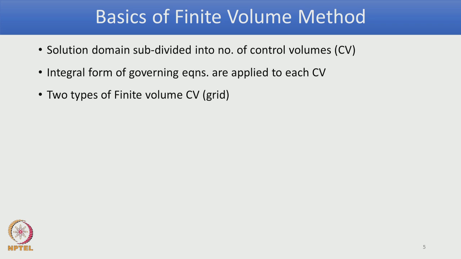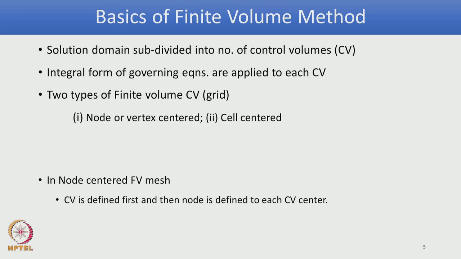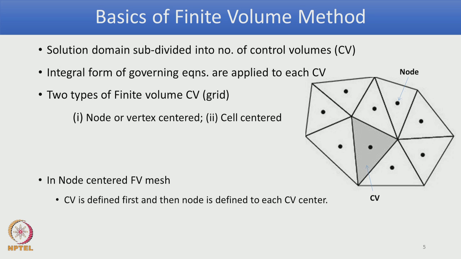In general, there are 2 types of control volume grid. One is called node or vertex centered method, the other is called cell centered method. So, in node centered finite volume mesh, CV, meaning control volume, is defined first and then node is defined at each CV center. So, here is an illustration.